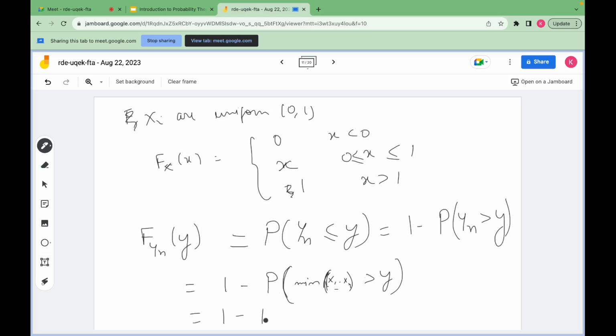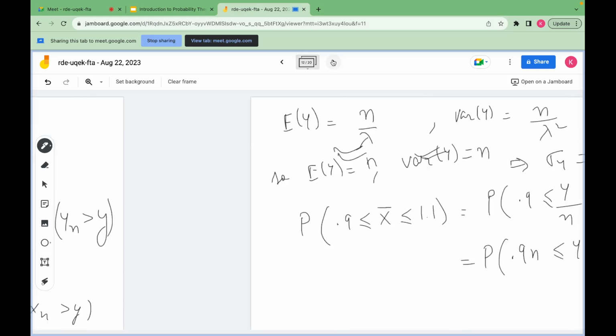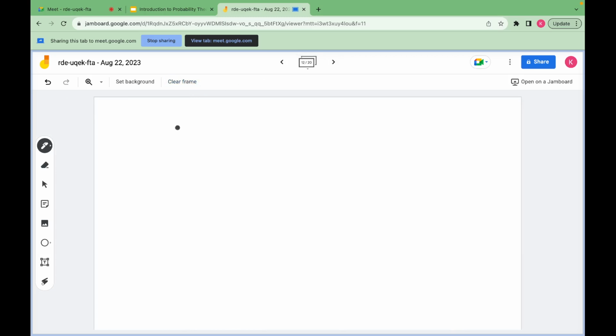So this is 1 minus the probability that X1 is greater than y, X2 is greater than y, till Xn is greater than y. This is the joint probability for X1, X2, X3 till Xn. We know that these are independent.